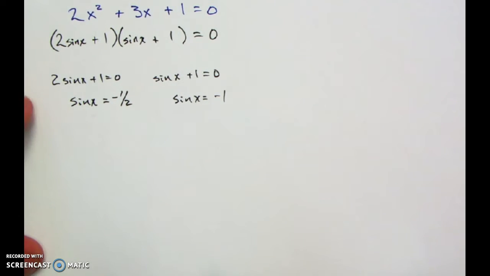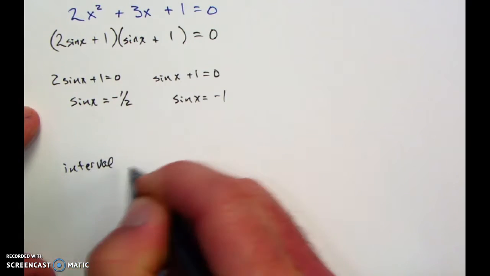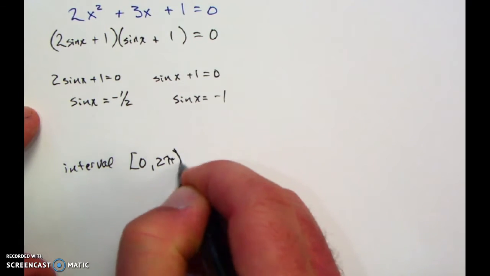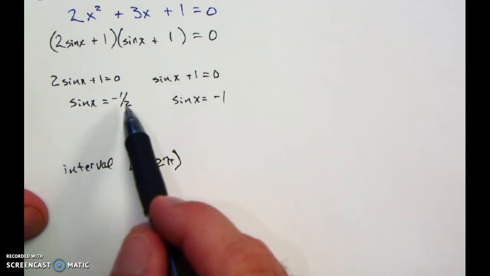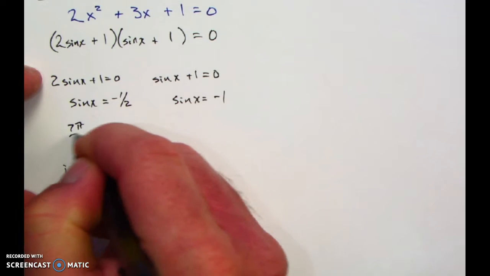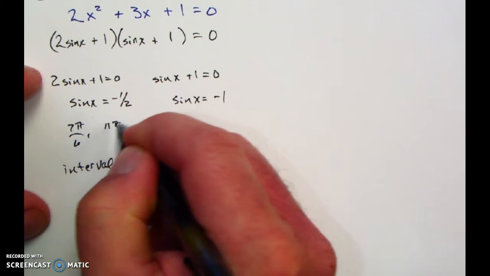Now let's say we're solving this one on the interval from 0 to 2 pi. All right, so if we're solving from 0 to 2 pi, now we're only going around that unit circle one time. And so to find our exact answers, where is sine equal to negative 1/2? That happens at 7 pi over 6 and at 11 pi over 6.